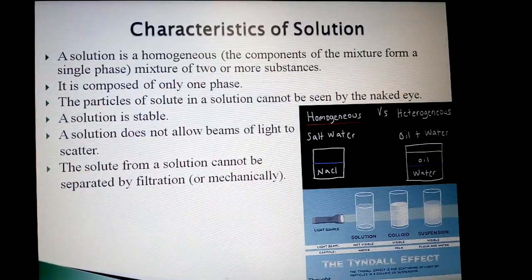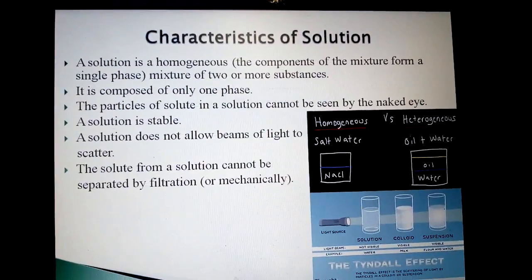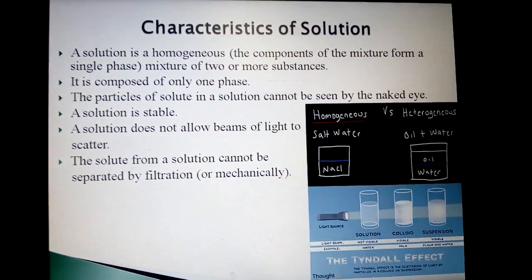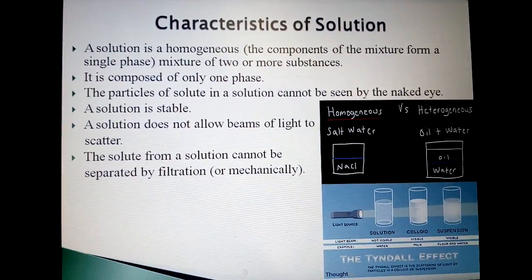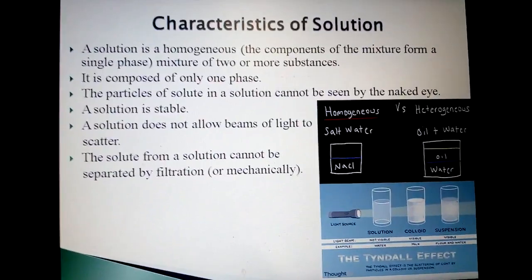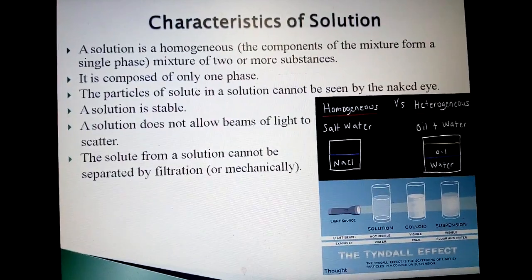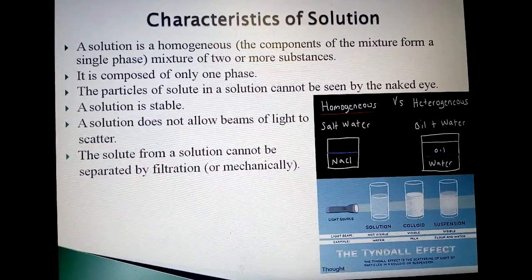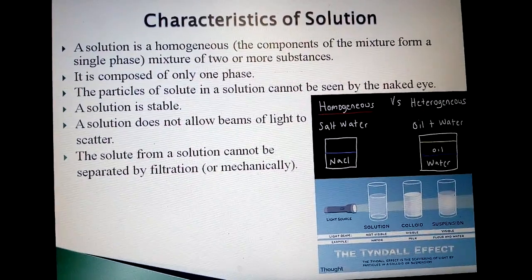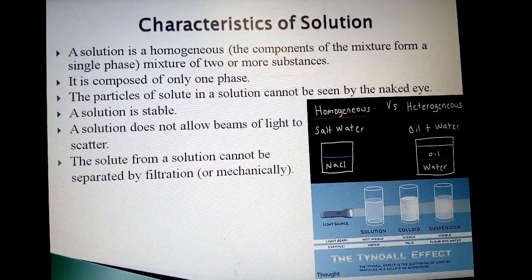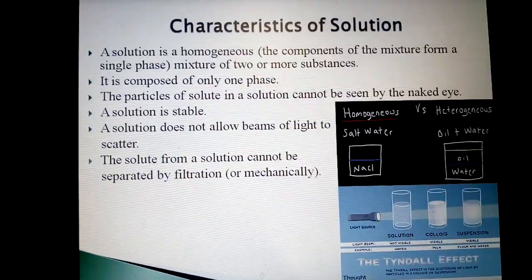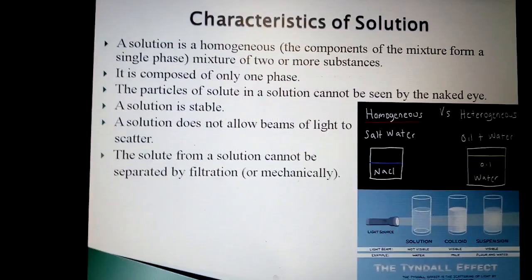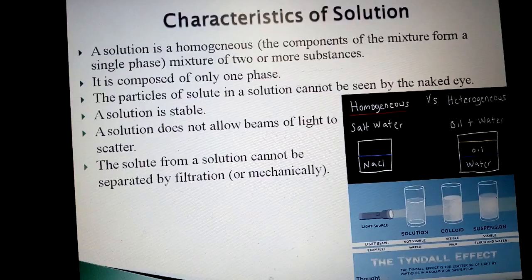So it's essential to identify any solution that it is composed of only one phase. The particle of solute in a solution cannot be seen by naked eye. It means we cannot visualize the particle of solute by naked eye; we need a sophisticated tool to visualize these substances, but they cannot be visualized by naked eye.